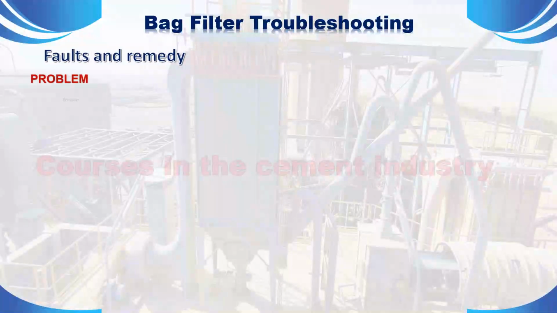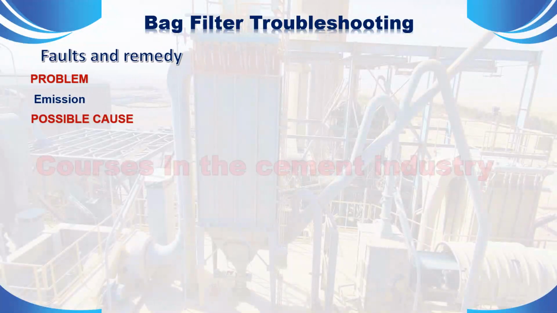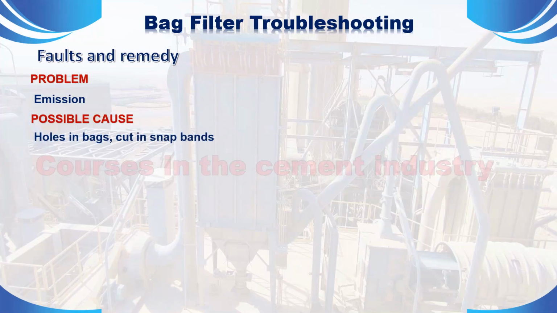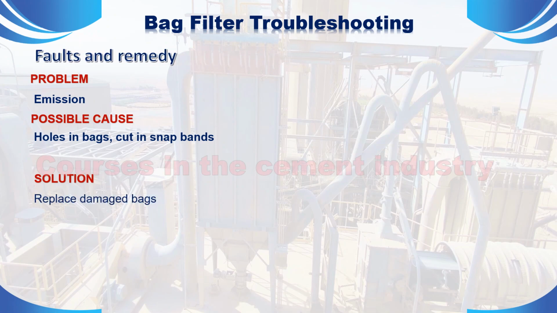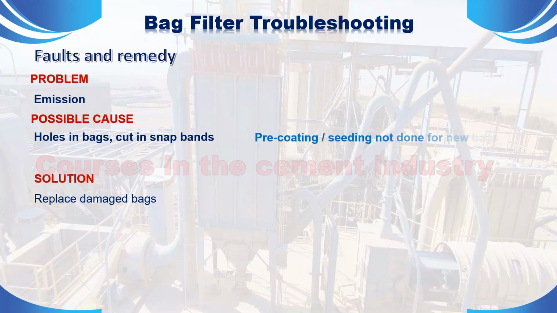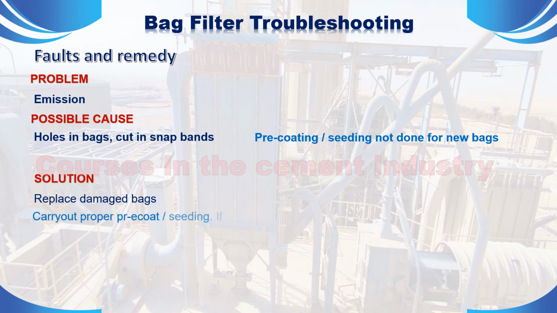Problem: emission. Possible causes: 1. Holes in bags, cuts in snap bands. Solution: replace damaged bags. 2. Pre-coating and seating not done for new bags. Carry out proper pre-coat seating.